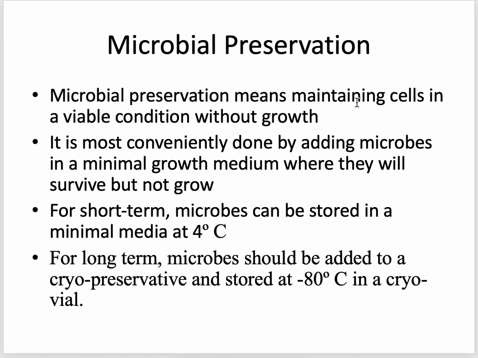That's why even if we keep our food in the refrigerator, it gets rotten, because at 4 degrees Celsius the growth of microbes gets very slow but does not completely stop. So we can store our food for a certain period of time, but not for a very long time.